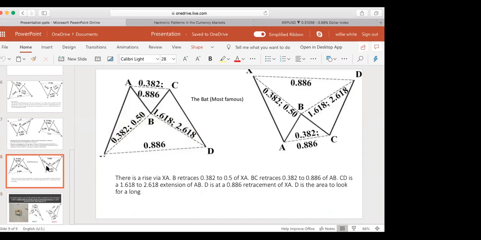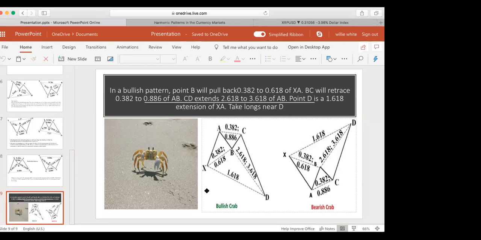Almost all of these patterns deal with right angles, and then it corrects itself. With the bat, I most of the time make a lot of pips because it's so long. Most of the time when you're trading these patterns, they almost always, not always, retrace back to B.